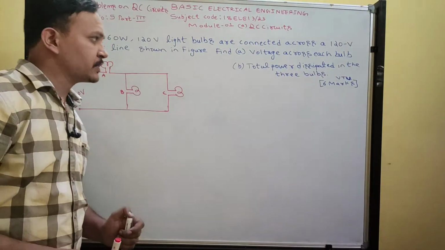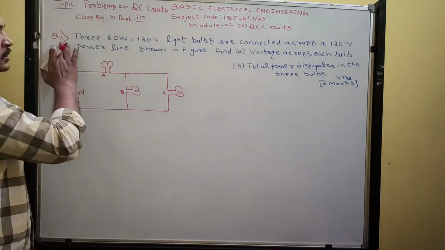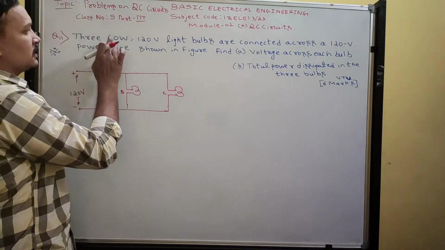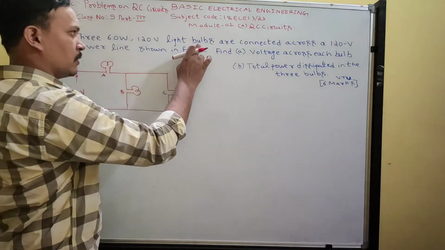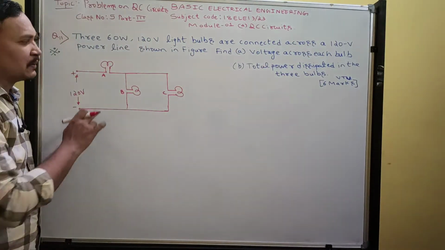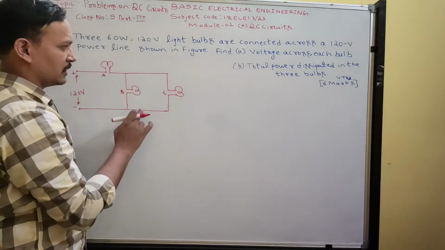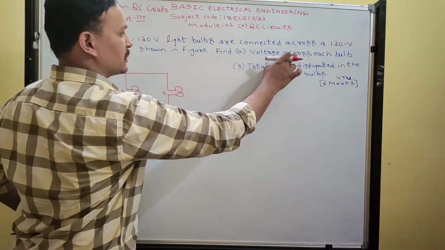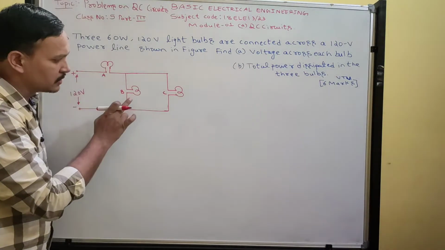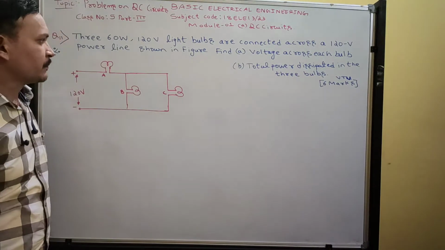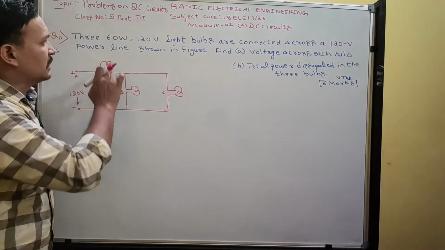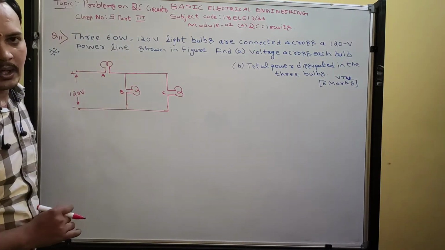Okay, dear students, now we can solve question number 11. What is given? Three 60 watt, 120 volt light bulbs are connected across a 120 volt power line as shown in the figure. Find the voltage across each bulb and also the power dissipated in each bulb. They have given the rating of each bulb as 60 watt, 120 volt.